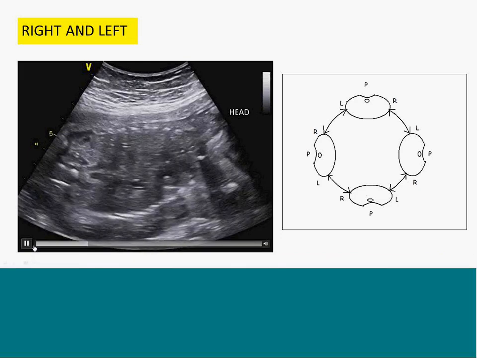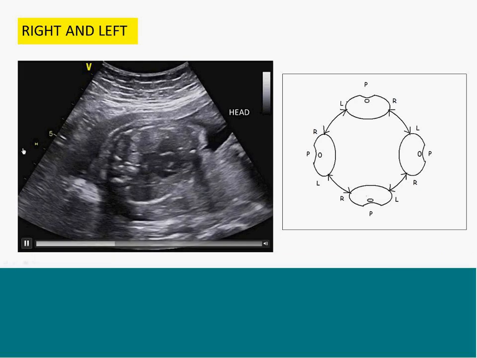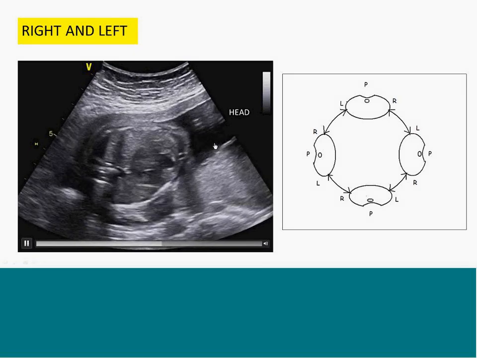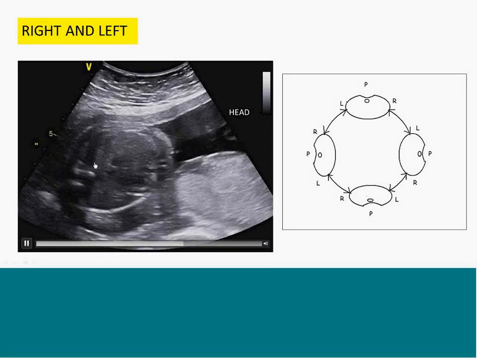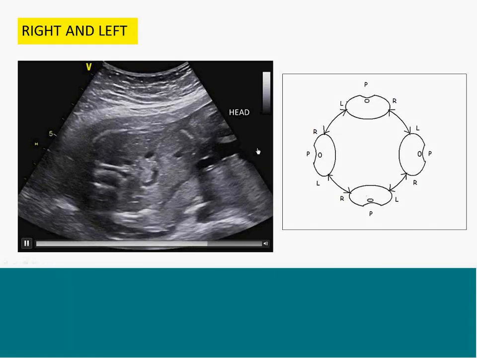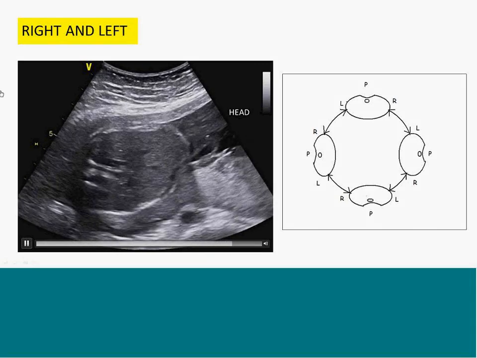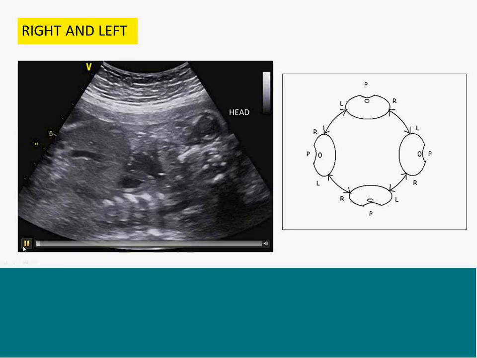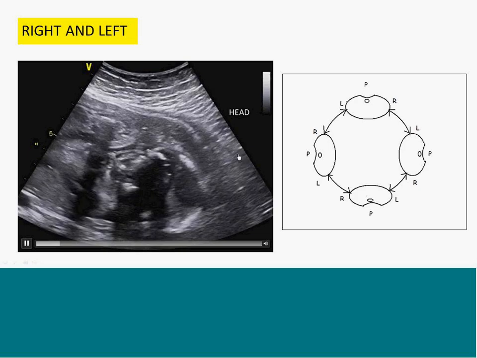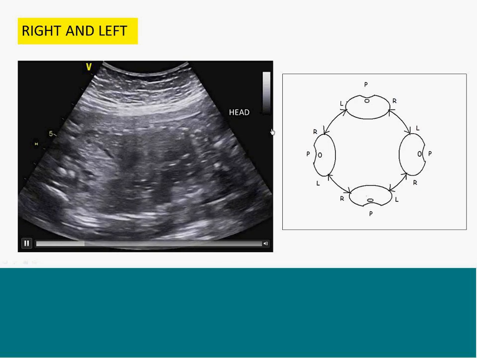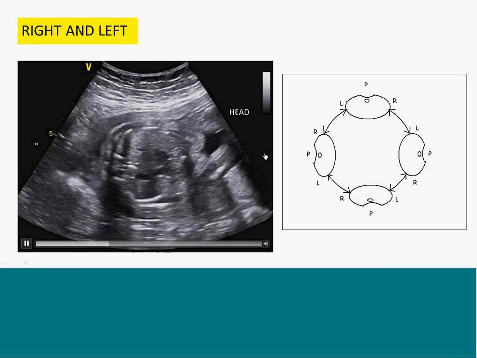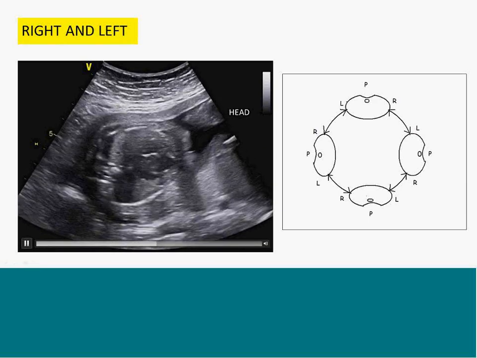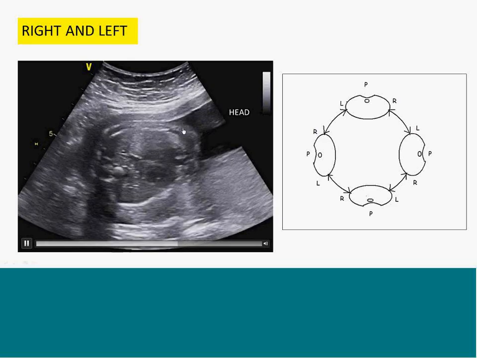First of all, you need to get the baby in a sagittal plane, in the sense that the baby needs to be lying like this, with the head lying on the right side of the screen. But if the head is lying on the left side, you need to use the left-right button. So yet again, the baby is lying like this, the head on the right side of the screen, and then rotate 90 degrees clockwise. This will give you a section of the baby's chest.